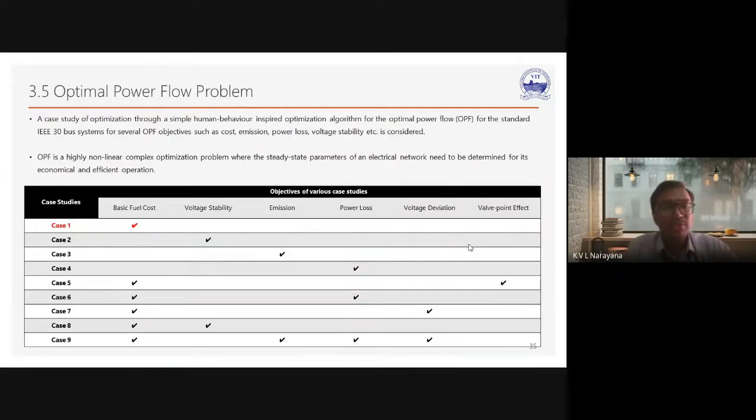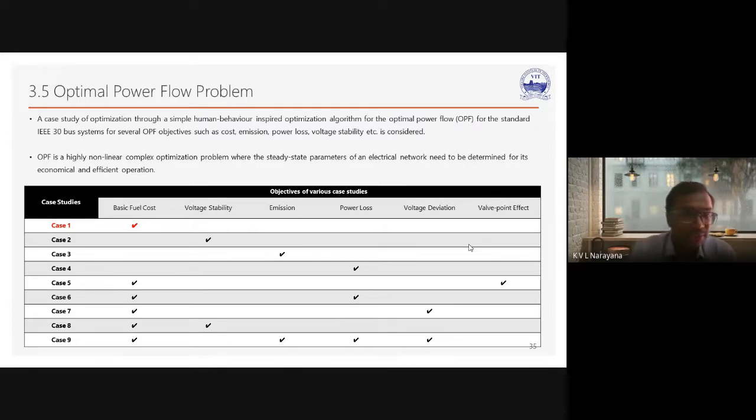Actually, we are going to consider the optimal power flow problem. We considered it along with my research student; the research student has done all of this. He considered different cases of the power system. He has taken the IEEE 30 bus system and considered 9 cases with different objectives.